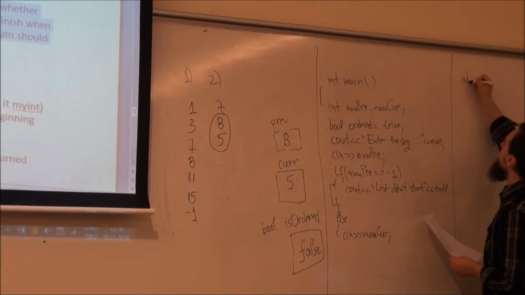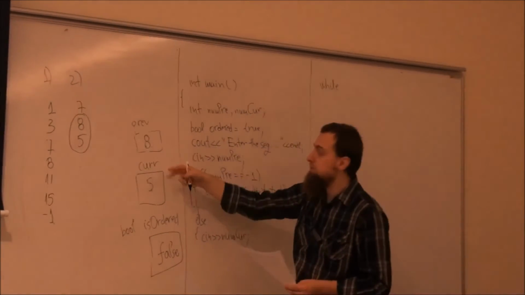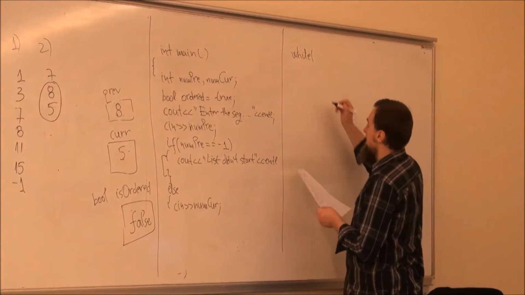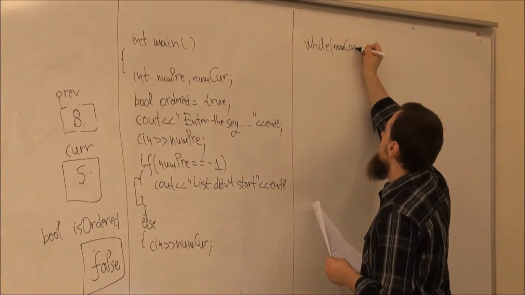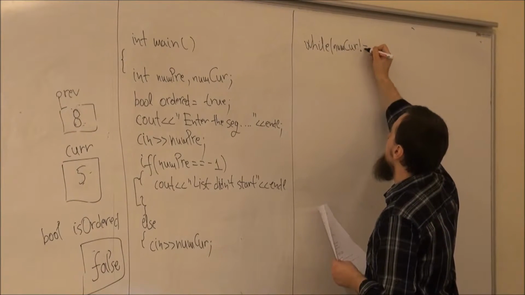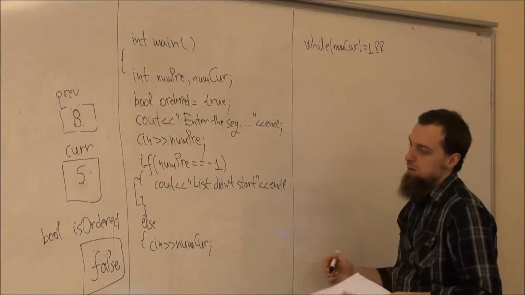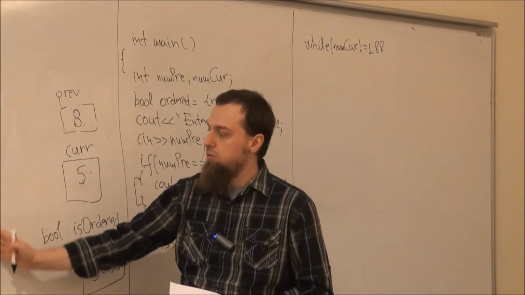While. So while this checking works, the current number is not -1, because when I give -1, I'm finished. And what else? If this is false, if I see that 8 and 5 occurs, I don't have to give other inputs.